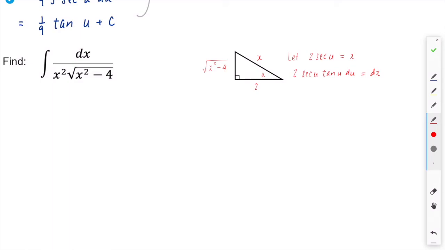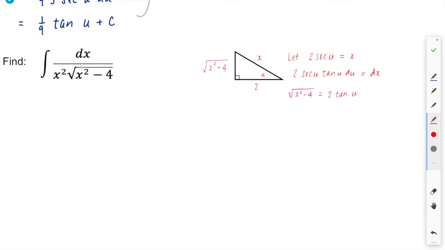And let's see what else we need. We have that square root expression in our question. What does this look like in terms of u? This is the opposite side. So if this is the opposite side, I can express this as adjacent side multiplied by tan u.